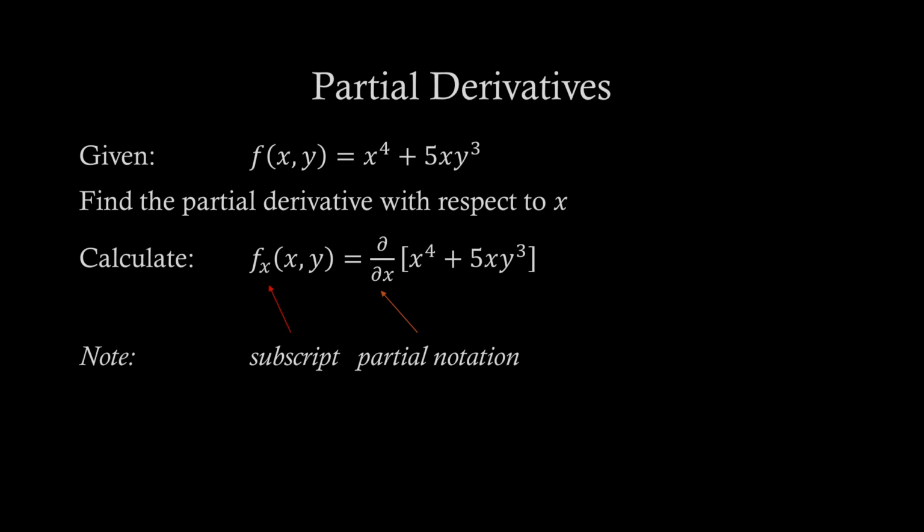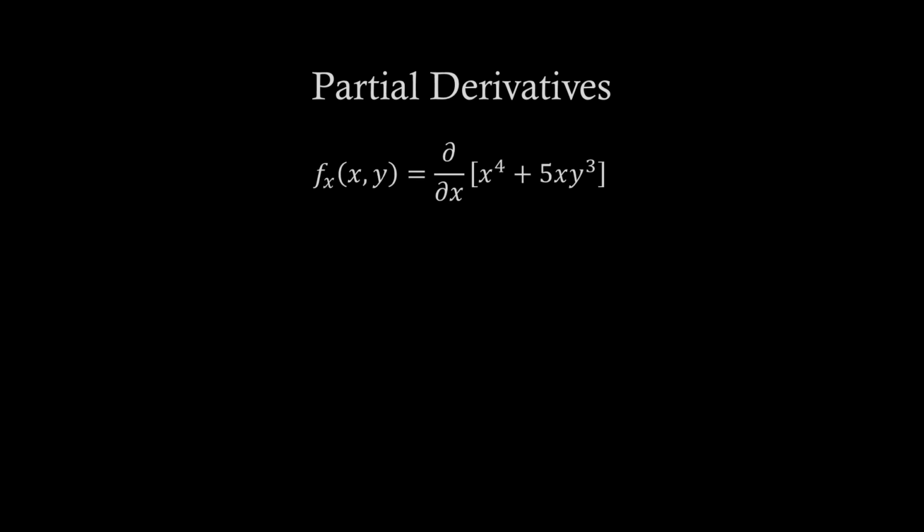So on that left-hand side, we typically use subscripts instead of the prime notation. And on the right side, notice that we no longer use the letter D. We're now using this Greek symbol, which we're basically just going to say is the partial. So that right-hand side would say basically partial x of x to the fourth plus 5xy cubed.